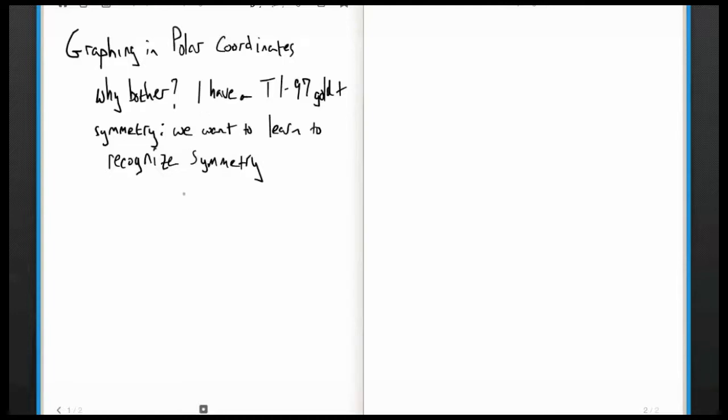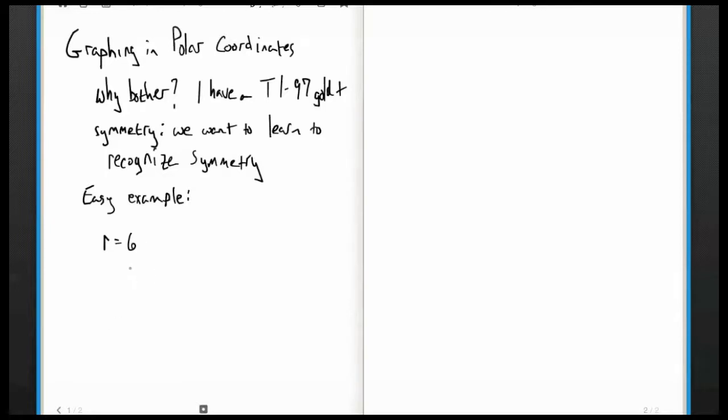Let's look at a couple of really easy examples of equations in polar coordinates. One is, let's say I just want to graph r equals 6. Well, what does that look like?